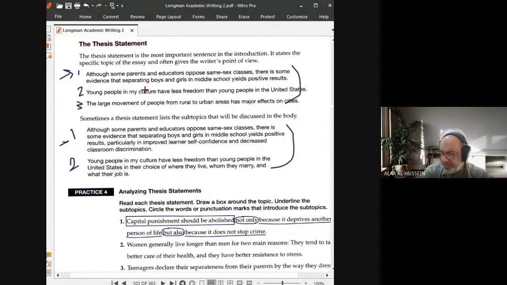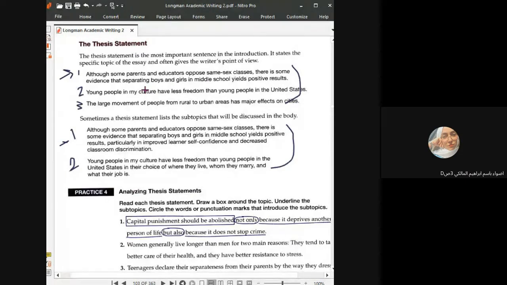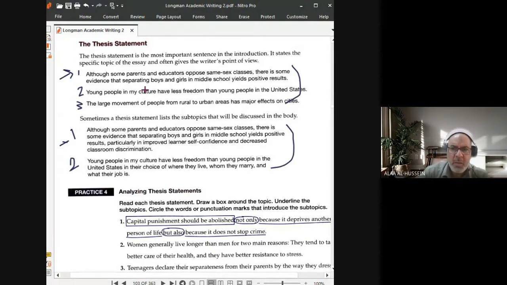Yes, Adwa. Yes, Doctor. The topic is the same-sex classes, and the main idea is that it yields positive results. Okay, so same-sex classes or separating boys and girls, they're the same.